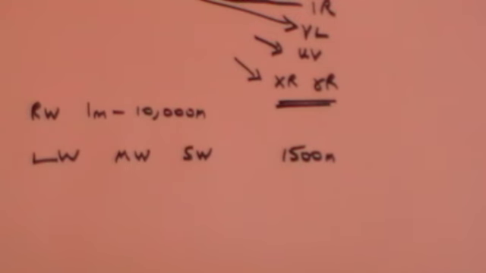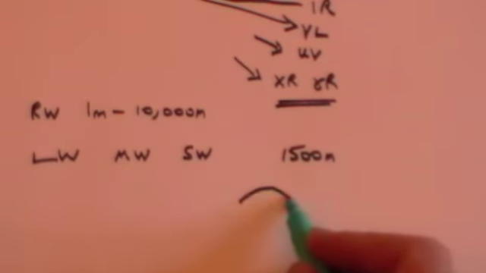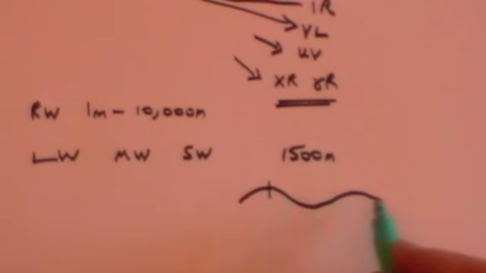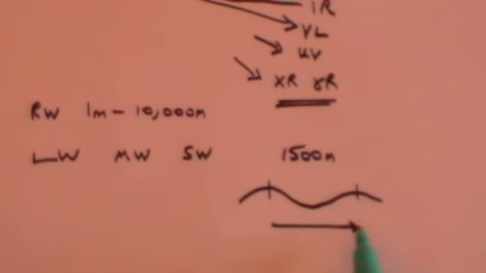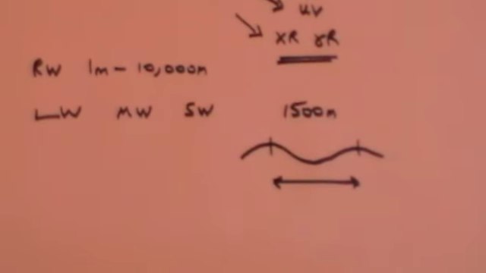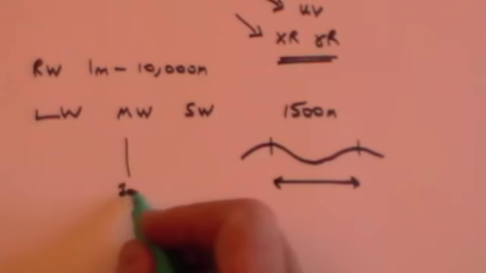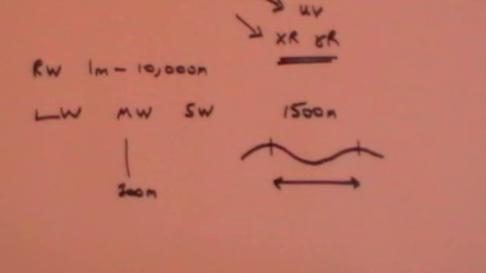That's about a mile. So the waves that were emitted from the transmitters had a wavelength of 1,500 metres, about a mile. That's long wave. Medium wave was typically something of the order of 300 metres. Short wave, very much shorter than that.